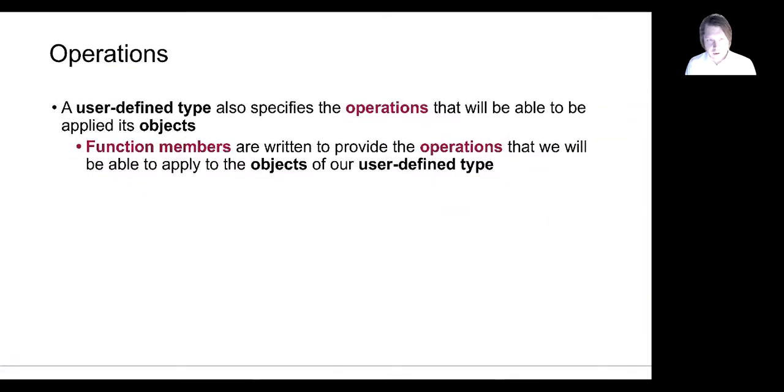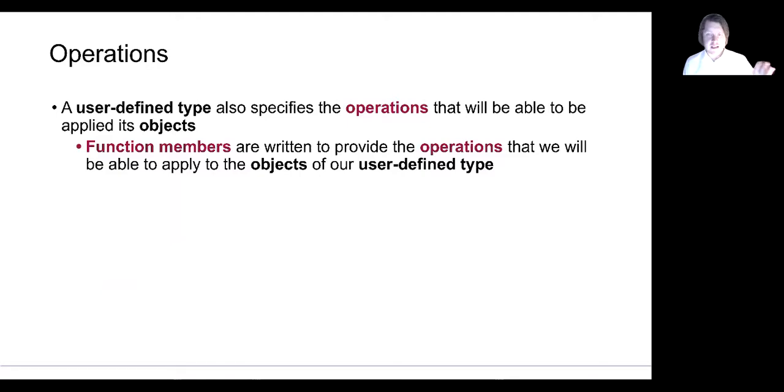Now the other component of this is operations. A user-defined type also is going to specify the operations that objects of that type will be able to perform. Function members are going to be written to provide the operations that we will be able to apply to objects of our user-defined type.